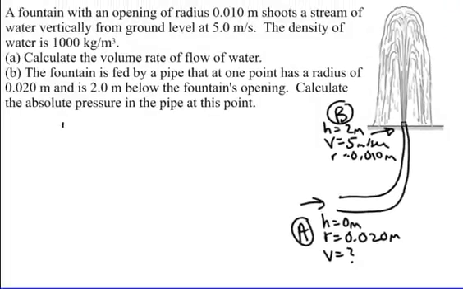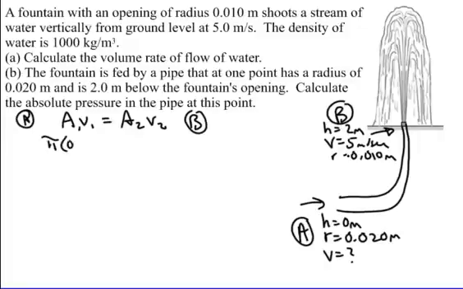So what I am going to do is use the continuity equation, A1v1 equals A2v2, and I'm going to call this side A, and this side B. And so I'm going to use pi r squared. This is at point A, which is 0.020 squared, and my velocity is, I don't know, that's what I'm trying to find. And I have pi, my radius is 0.010 squared, and my velocity is 5 meters per second.